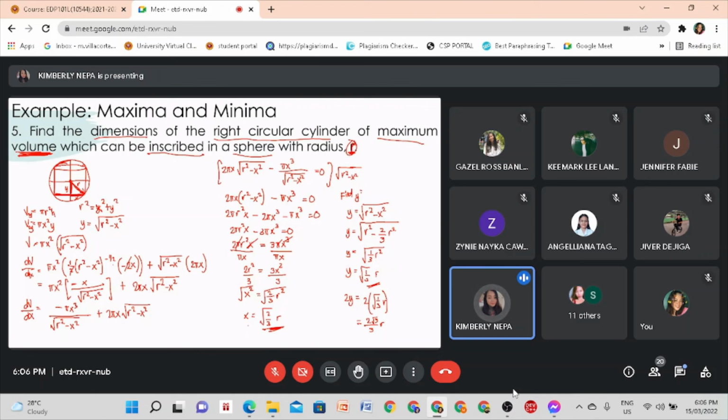And how about this? Two square root of 6 over 3.